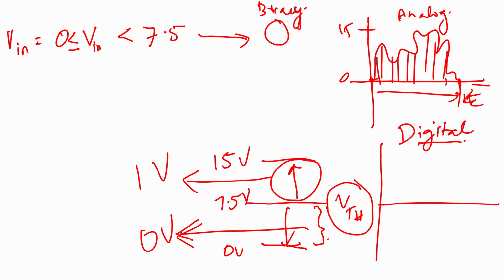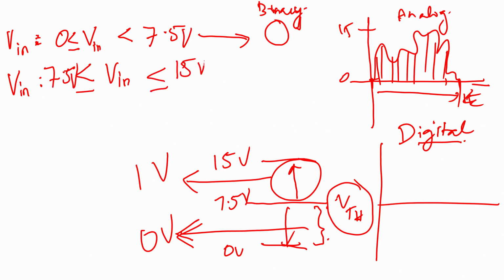Now, let us say if V in is greater than or equal to 7.5 volt and less than or equal to 15 volt, we will translate it to binary 1. Cool. So, this is a fundamental idea, correct.